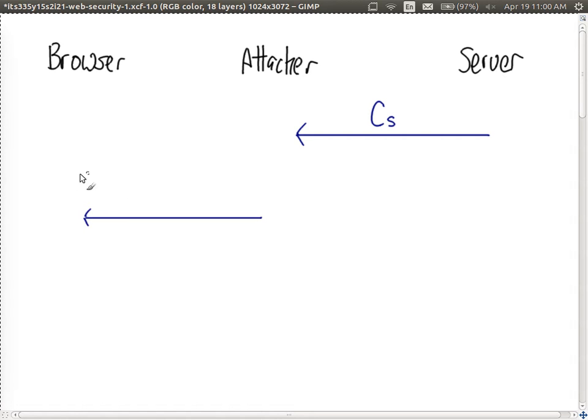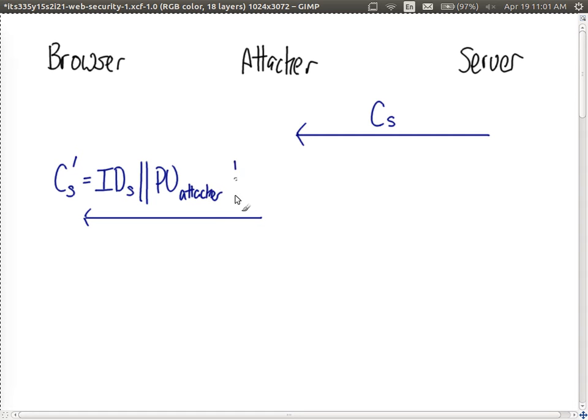We'll send a certificate, and I'll denote it as CS prime, because it is modified compared to the original CS, where we include the identity of the server, maybe the domain name, the public key of the attacker, the timestamp.